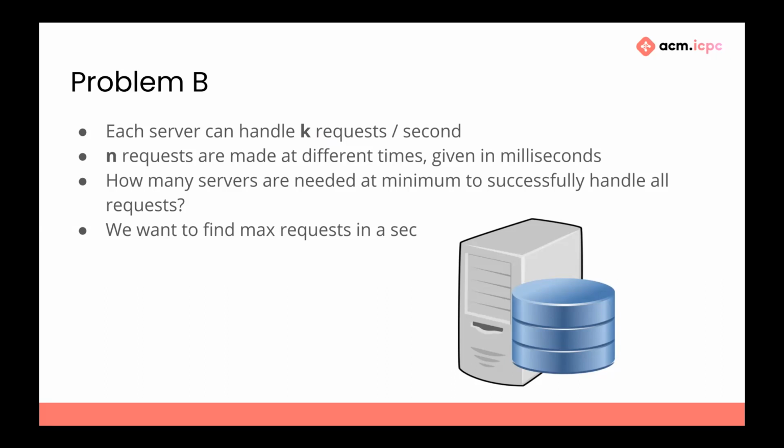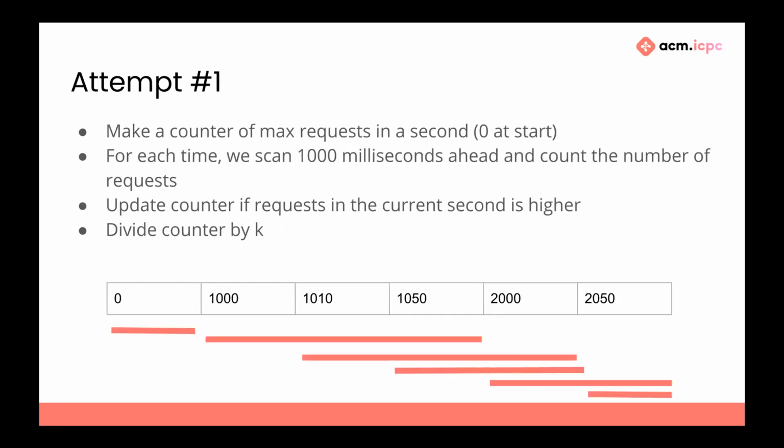So to find the maximum number of requests in a second, one of the first approaches that came to my mind was to make a counter that keeps track of the requests in a second. And then using each of the times that's given to us as a starting time, we scan 1000 milliseconds ahead and count the number of requests that we see.